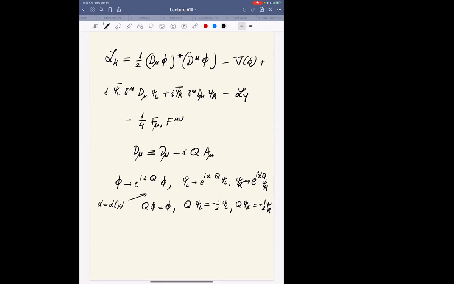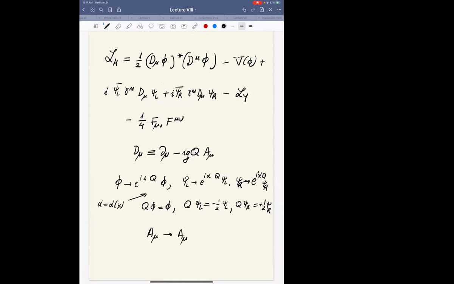All you have to do is specify the charges. When you have a U(1) theory, it's up to you to specify the charges. You have the freedom. And we know that, of course, there is a symmetry that I wrote here, as long as A mu transforms. I missed the coupling constant that I can introduce, because I will have an interaction.